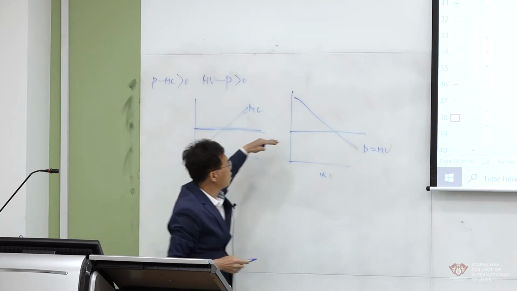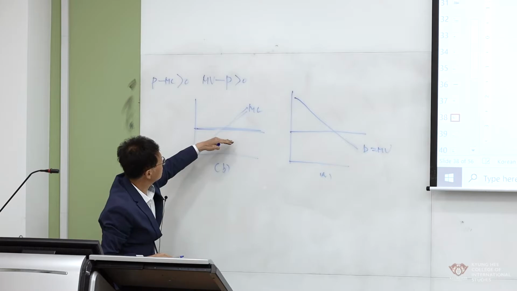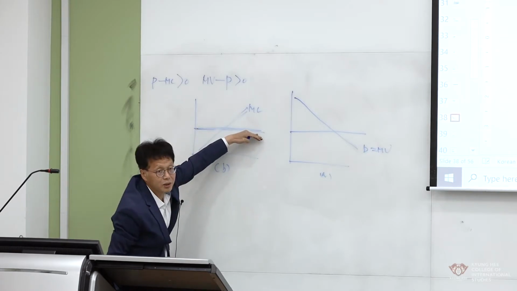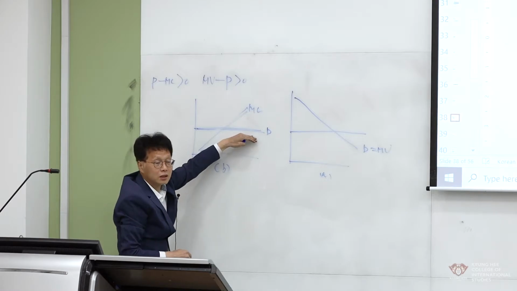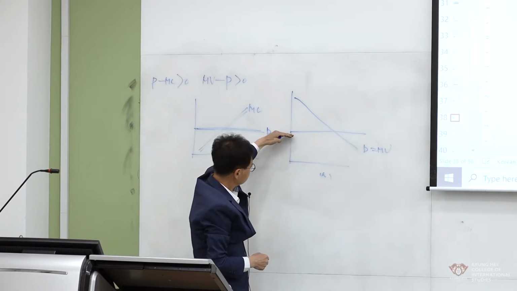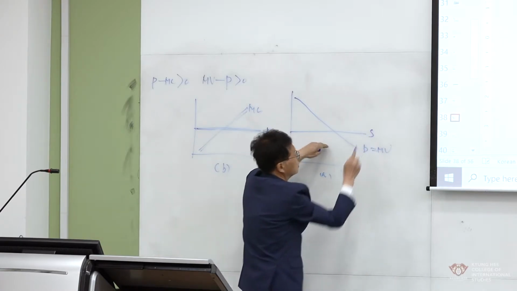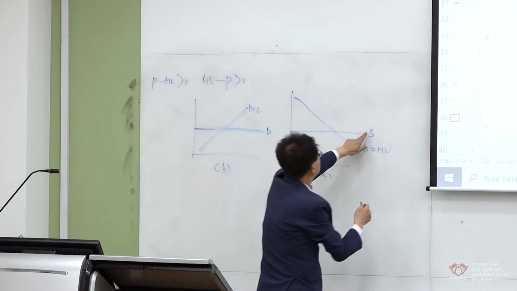So competitive sellers face a horizontal demand curve, and competitive buyers face a horizontal supply curve. This one is marginal expenditure.